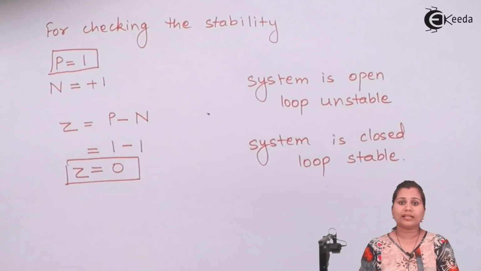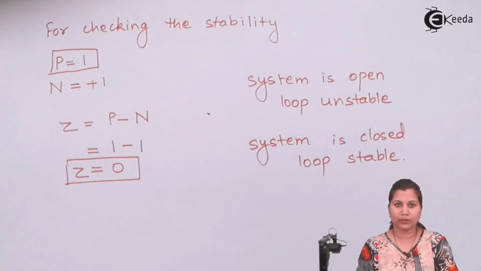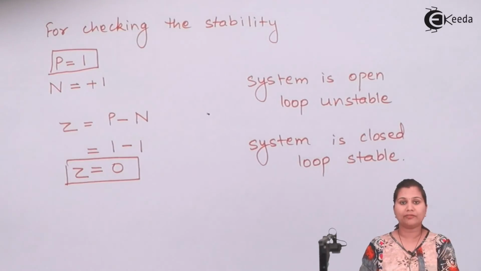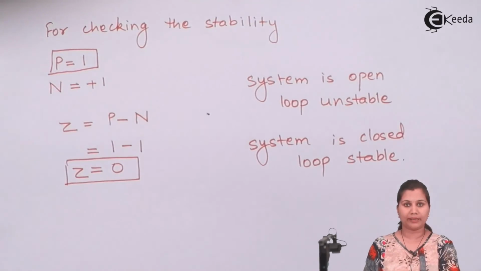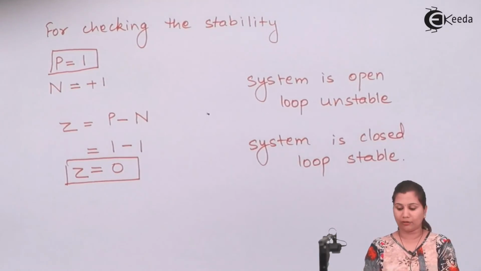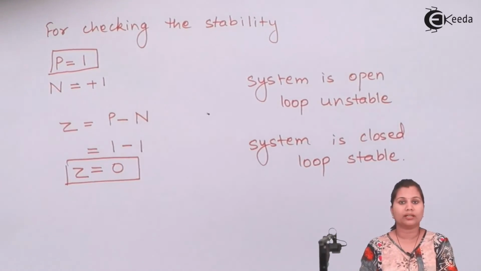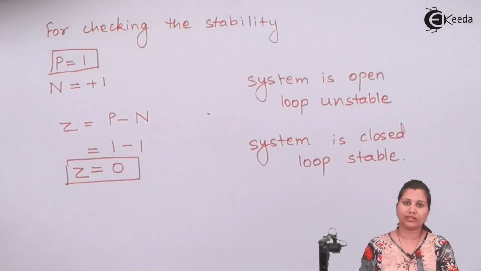Then the Nyquist plot is the mirror image of the polar plot. From that we will see how many encirclements there are of the -1 plus j0 point, and according to that we are going to check the values of P and Z, and then we can make a comment about the stability of the system.